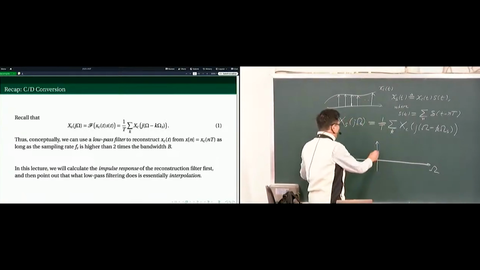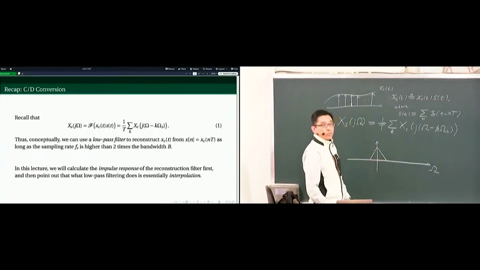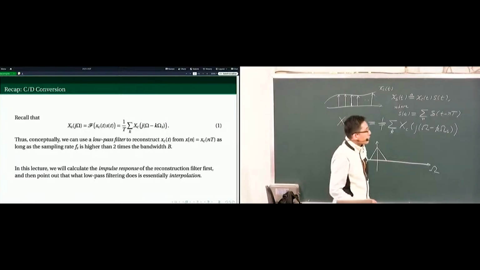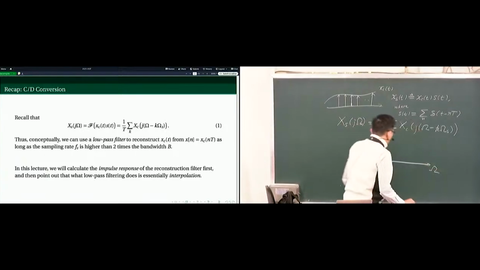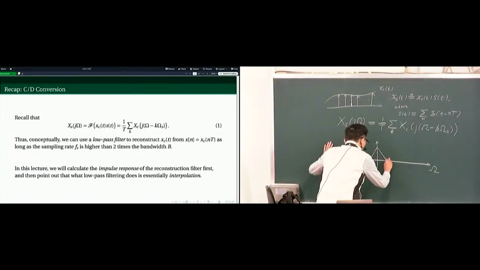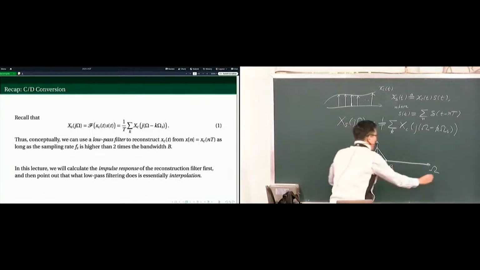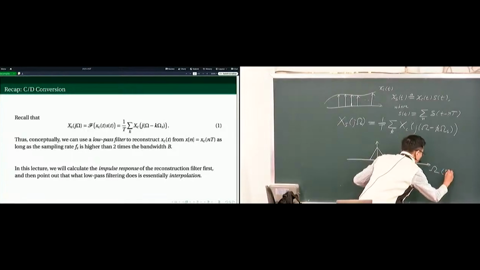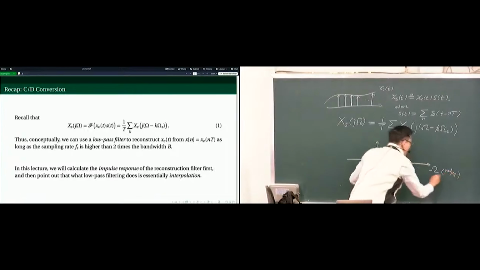We very soon realize that as long as our signal is band limited to begin with, with bandwidth 2 pi times b, we should be careful, because sometimes when we talk about bandwidth, the unit matters.